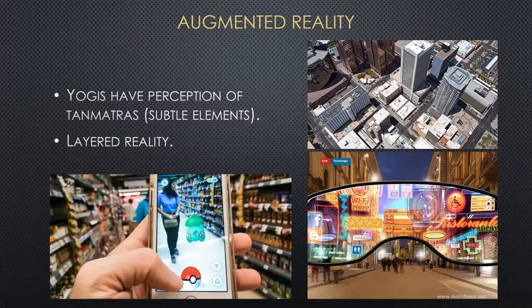And something that happened a couple of years ago, I don't know if some of you saw this, was Pokemon Go, which was a big deal. The idea was that with your phone, you would play Pokemon Go anywhere in the world.